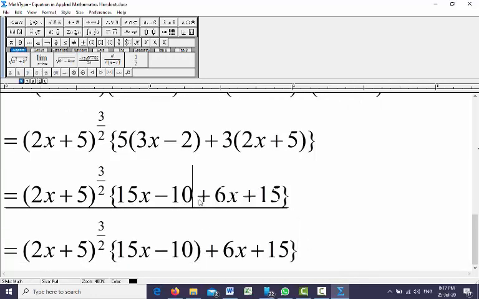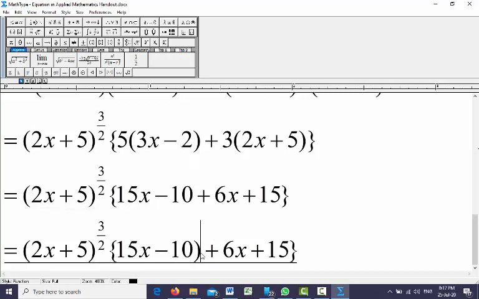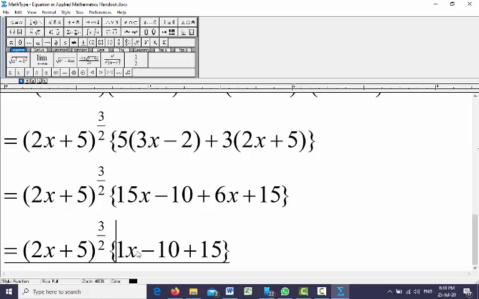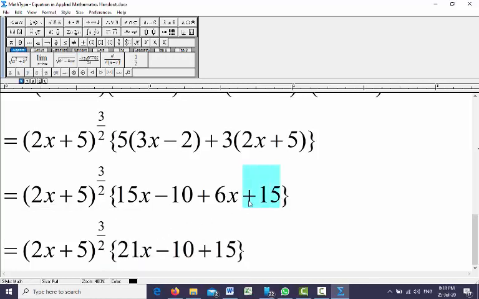So now what we will have, here 15x plus 6x, this 6x plus 15x, we will have 21x, and then here we will have plus 15 minus 10, so what we will have is plus 5, so 21x plus 5.